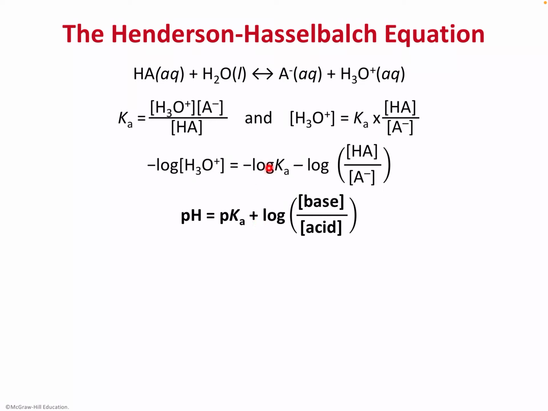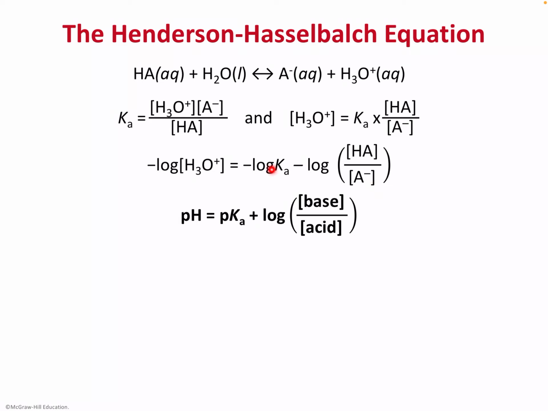now before that, we are still here. Negative log of hydronium ion concentration equals negative log of Ka, and then you get the negative log of this also: negative log HA over A minus. Multiplication remains negative log.